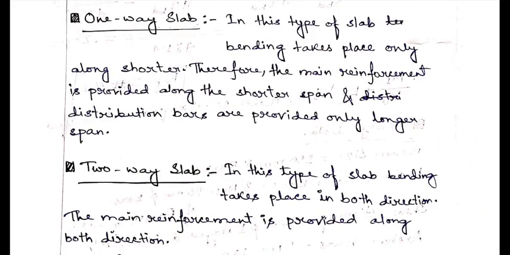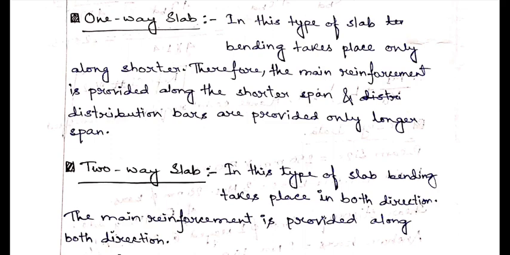Let's have a look at the definitions of one-way slab and two-way slab. One-way slab: in this type of slab, bending takes place only along the shorter direction. Therefore, the main reinforcement is provided along the shorter span and distribution bars are provided only along the longer span.